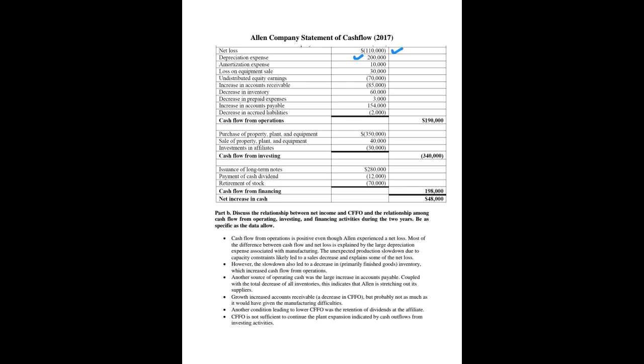So when the equipment was inefficient, production was not up to mark, and the company could not meet the requirements of the customers; it could not sell as required, it couldn't meet the demand. These things have caused the company to have losses in the year. But because of non-cash expenditures, we have positive cash flow from operating activities.